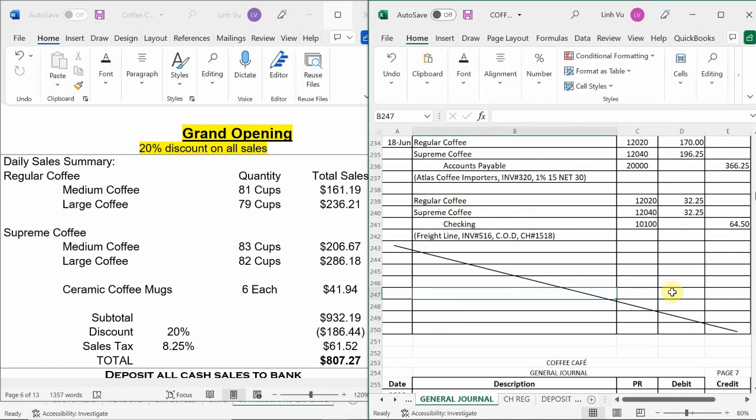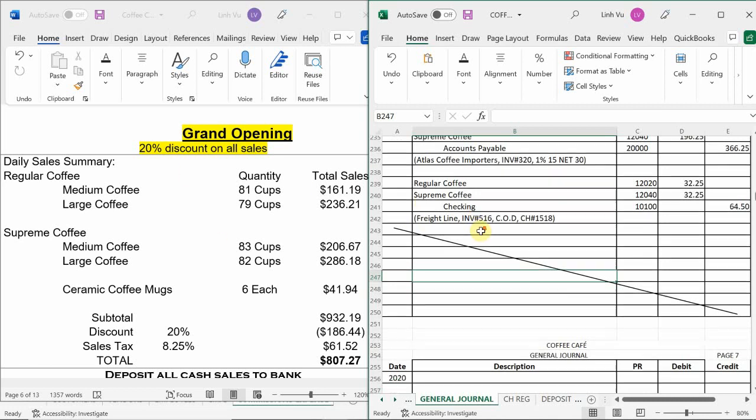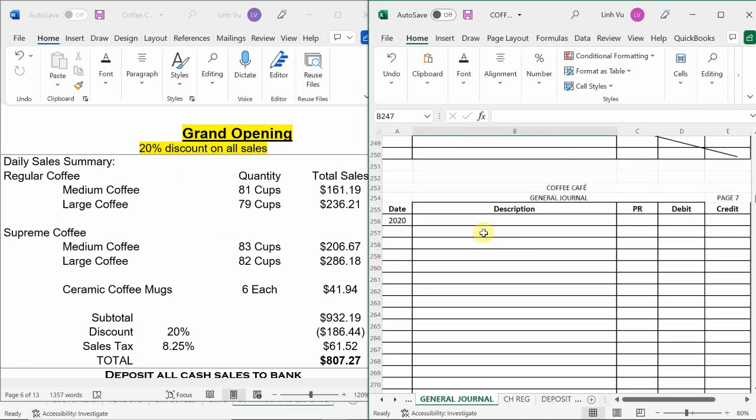They could put multiple transactions in this section right here. So this is a preventative measure for you to protect your books. And when you send it to other people, you can protect the sheet itself, or you can lock the pages so it's a read-only file. If they plan to print it out and try to write something in there, they can't do that. So that means we're going to be entering in these sales for page 7 of the journal.